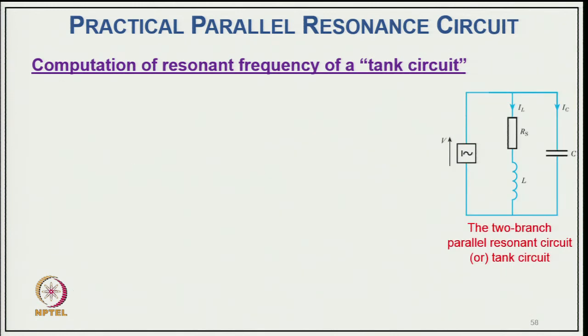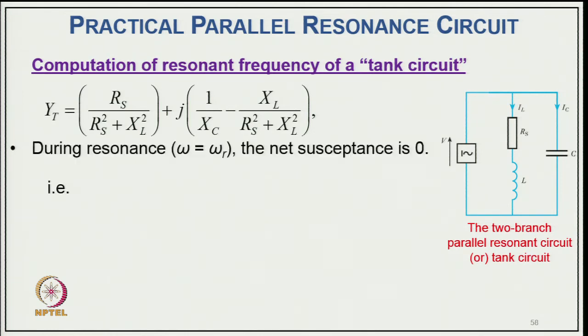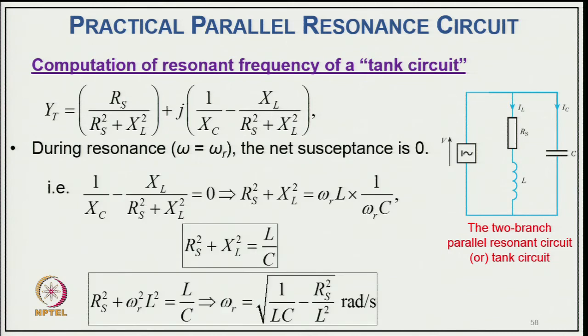And computation of resonance frequency of the tank circuit: Y_T equal to R_s upon R_s square plus X_L square, plus j in bracket 1 upon X_C minus X_L upon R_s square plus X_L square. During resonance, at omega equal to omega_r, the net susceptance is 0. So the second, imaginary term becomes 0, that means 1 upon X_C minus X_L upon R_s square plus X_L square equal to 0.